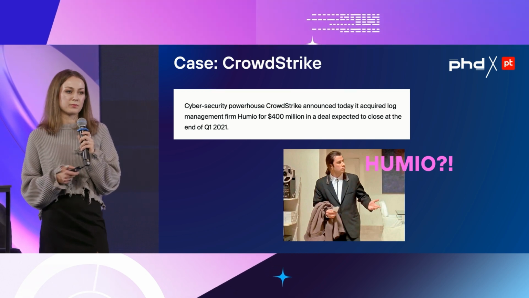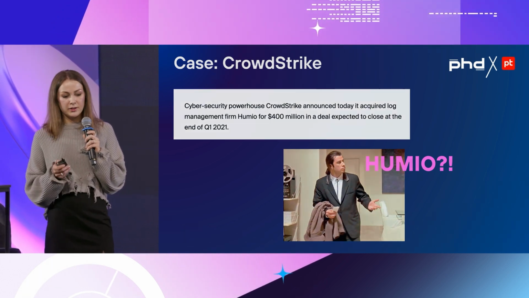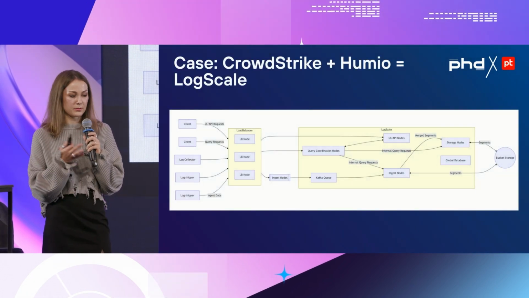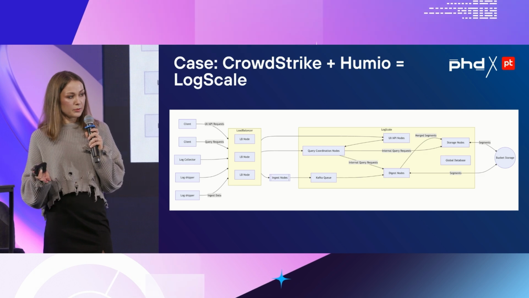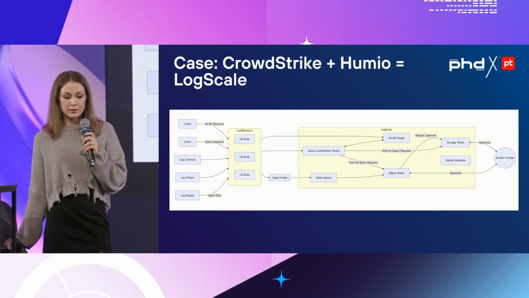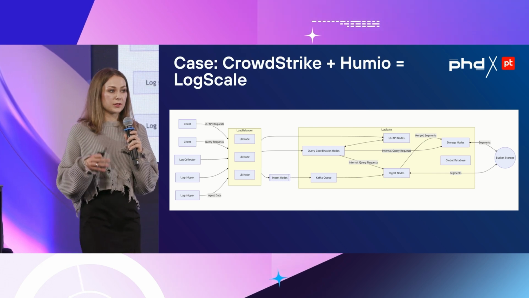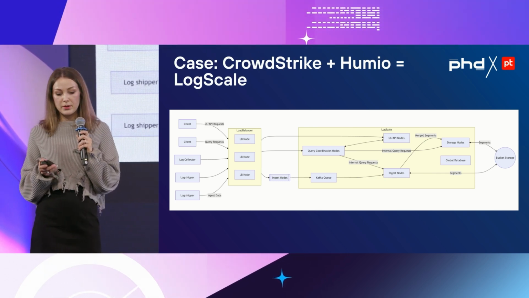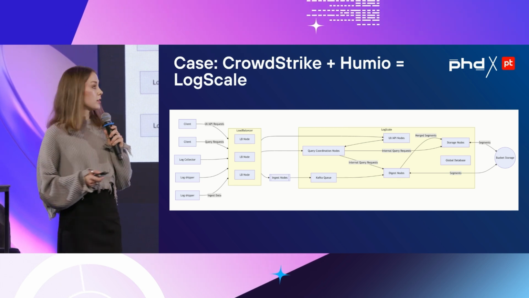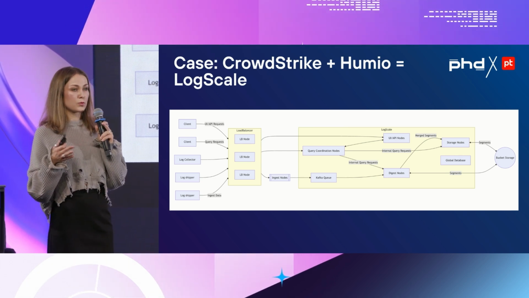In 2021, there was news that they were acquiring a startup called Humio. On the basis of Humio, they created their own LogScale storage product, designed to analyze logs, real-time analytics, etc. And here it would be interesting to look at the architecture.